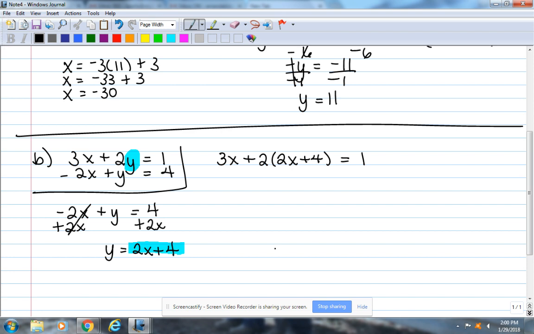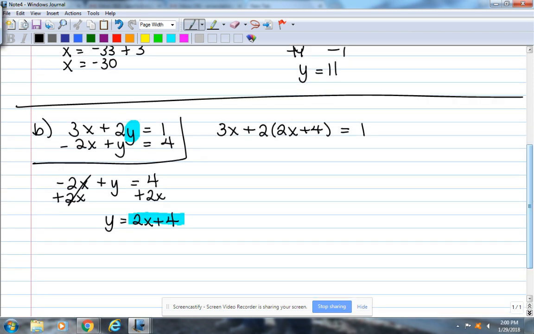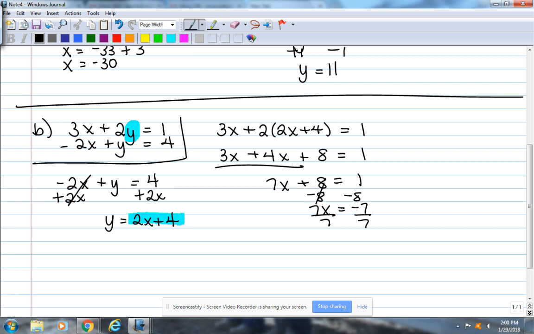And what do I have to do now? What am I going to do to solve for x? Distribute, right? So 3x plus 4x plus 8 equals 1. Combine like terms. 7x plus 8 equals 1. Subtract 8. 7x equals negative 7. Divide by 7, x equals negative 1.